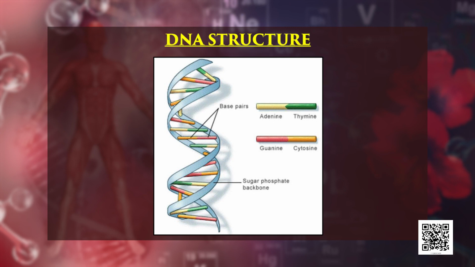In each chain, the phosphate component carried by the carbon atom at 5' position of sugar in one nucleotide is joined by phosphodiester bond to the hydroxyl component of the carbon atom at 3' position of the sugar in the next nucleotide unit.